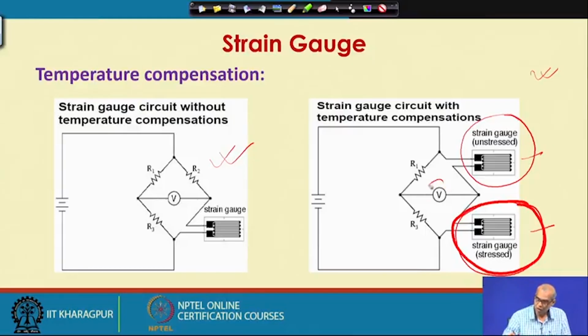Therefore, this output voltage will be a function of this strain alone, because the effect of change in ambient temperature will be cancelled by change in resistance in this strain gauge which is not under strain. So, the temperature compensation can be done by attaching an identical strain gauge to the adjacent arm of the Wheatstone bridge, and that will not be under strain.